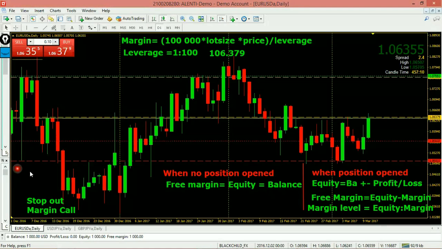Right. Then we have what we call your stop out and your margin call. Your stop out is whereby your losses have depleted your equity to the level that your margin is now equivalent to the equity. So the ratio of your equity to margin has become 1.